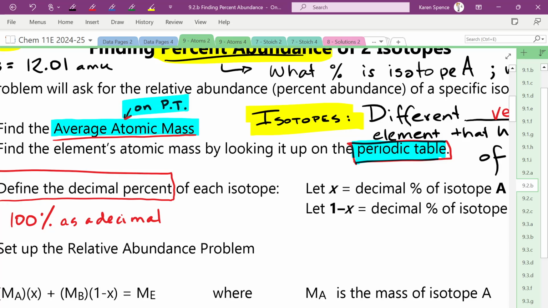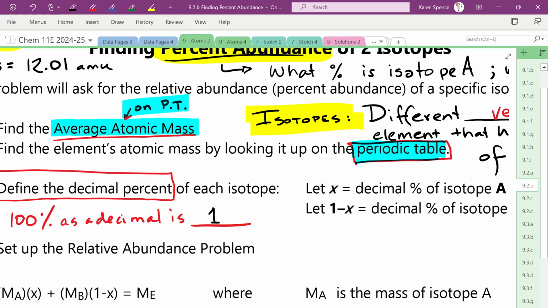Okay? 100% as a decimal is how much? 1. Okay, so if you only have 2 isotopes, then the 2 percentages have to add up to 100, and the 2 decimal percentages have to add up to 1.